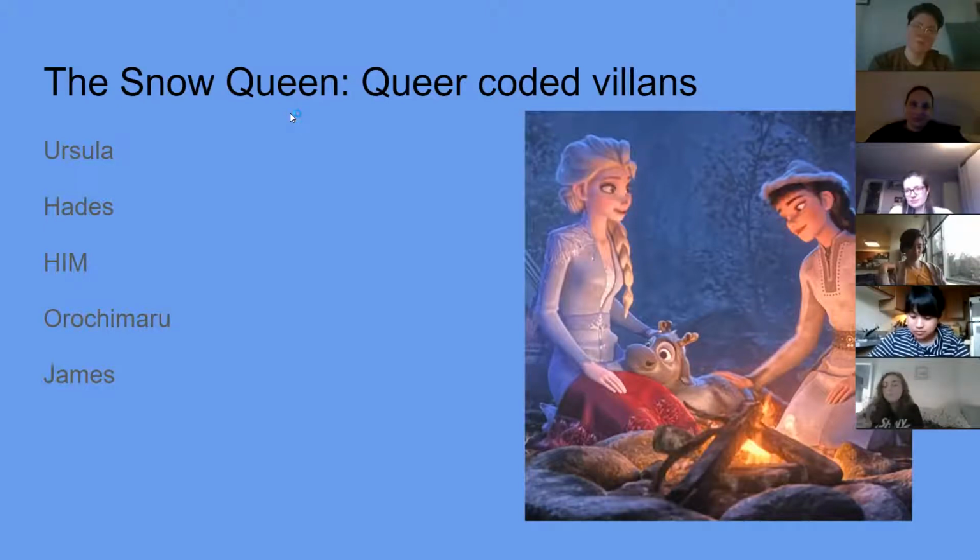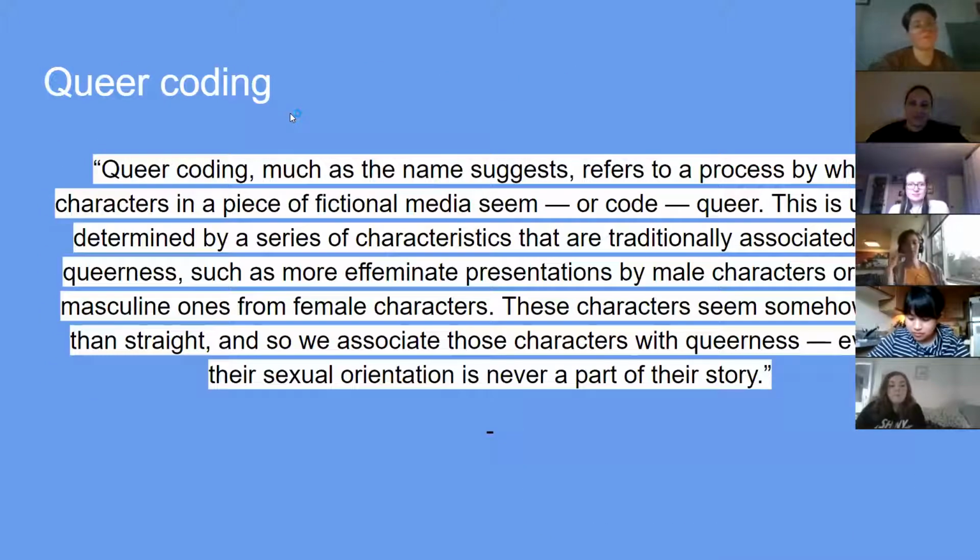Looking at queer coding, this is a quote from, I think, a Vox article, and I'll skim through it. Basically it's what I was just saying: these characters seem somehow less than straight, and so we associate these characters with queerness, even if their sexual orientation is never part of the story.